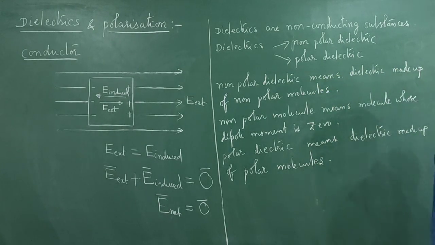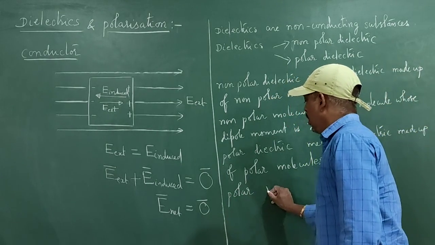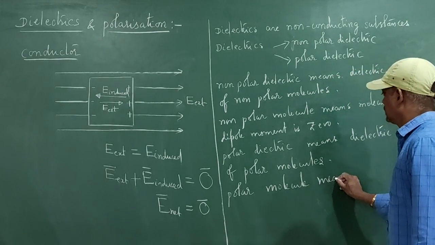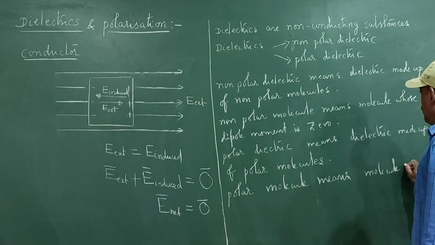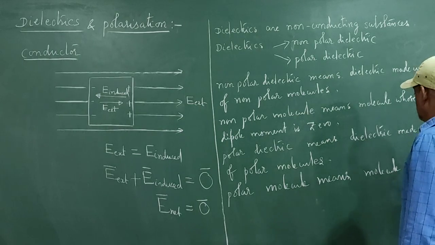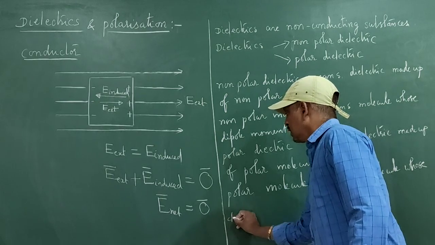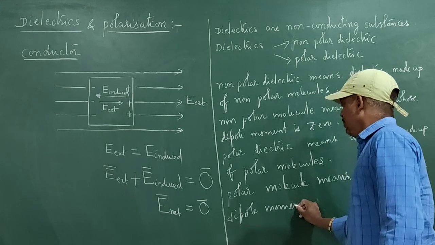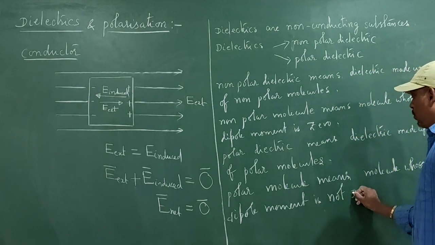A polar molecule means a molecule whose dipole moment is not zero.